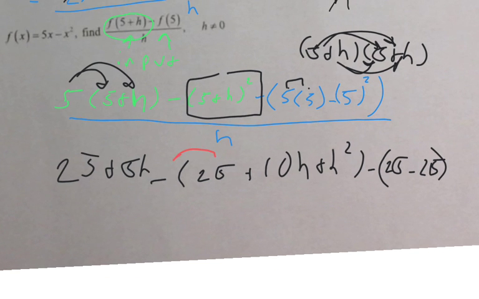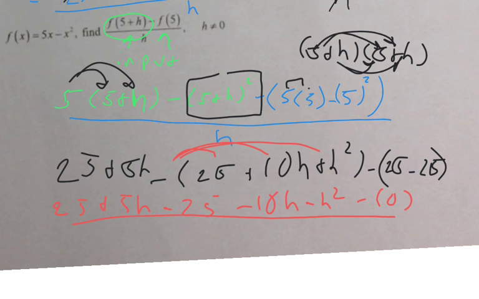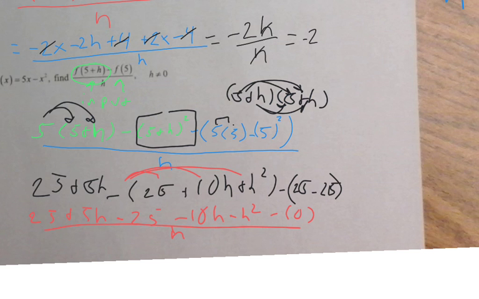Now distribute the negative to all these inside here, and we have 25 plus 5h minus 25 minus 10h minus h squared minus 0. Still all over h. I know I forgot that there, but it's still all over h.